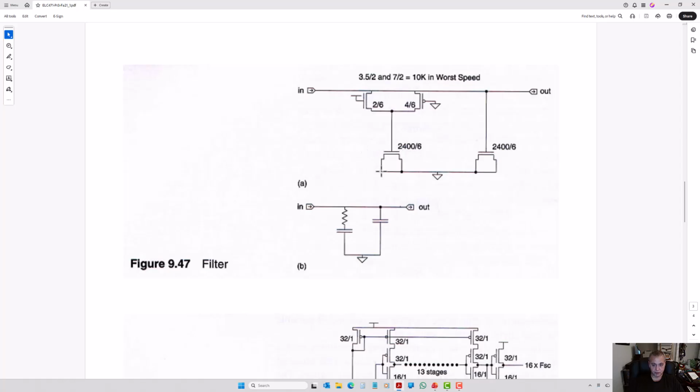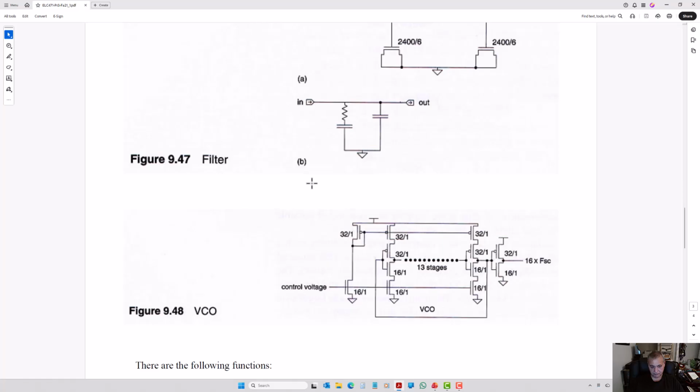You have to use the appropriate number of fingers for those big transistors. And then we have the VCO. Same, 150 nanometers, because this is one, and the width of the channel is 16 times 150 nanometers.